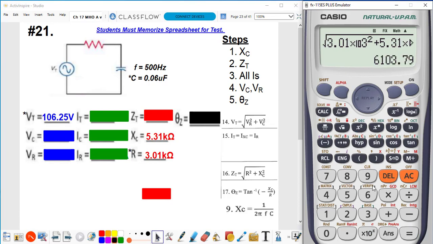It equals, hit engineering, 6.10 k ohms for my total impedance.